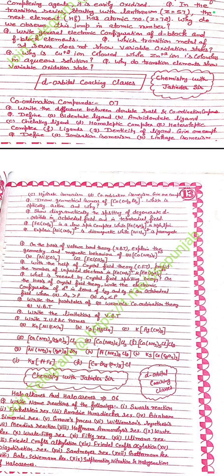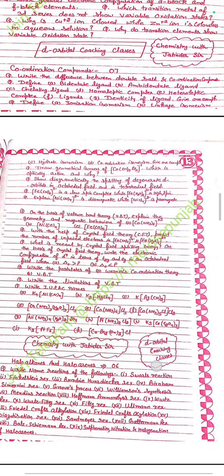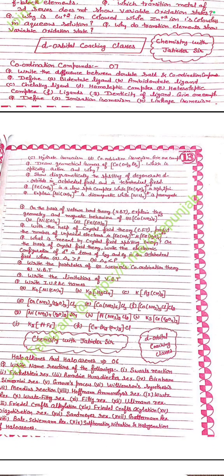And isomerism is, I think, linkage isomerism is the most important. Ionization isomerism is also very important. Yes, and the IUPAC names are also very important.